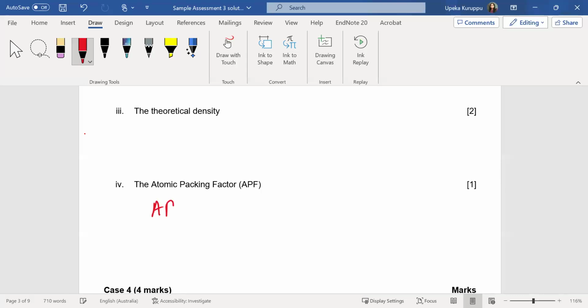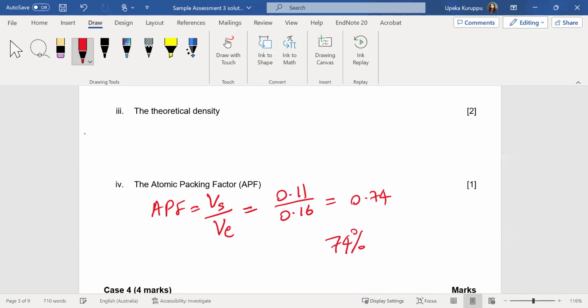Volume filled by atoms divided by the volume of the cube. You already found this once, am I right? So you can find this, which is 0.74 for FCC normally. It should be the number. So that means 74% is filled with atoms, rest is empty. Am I right?